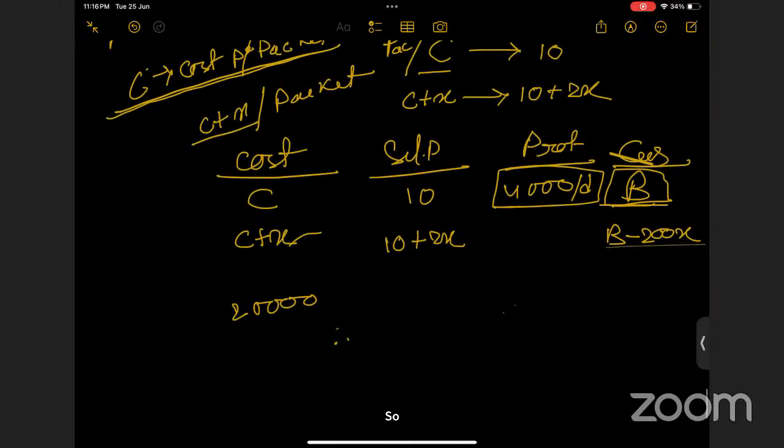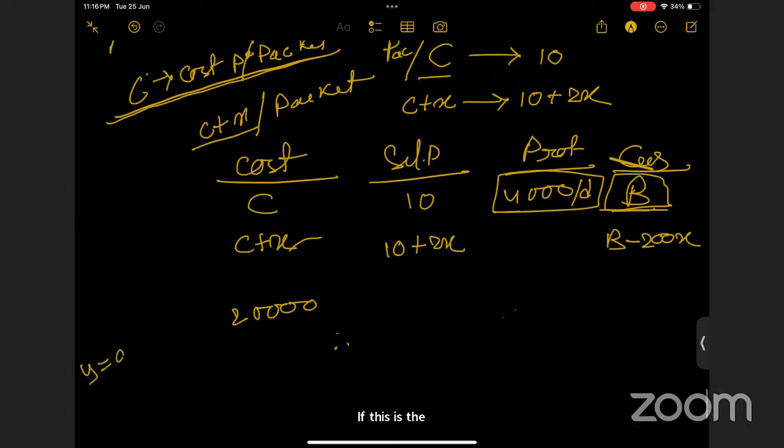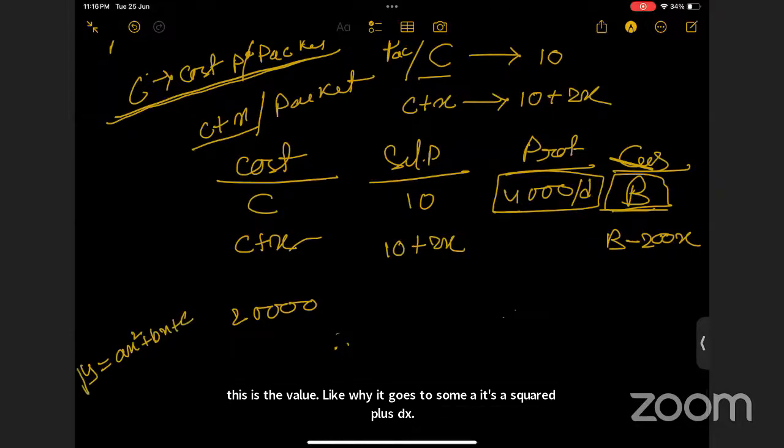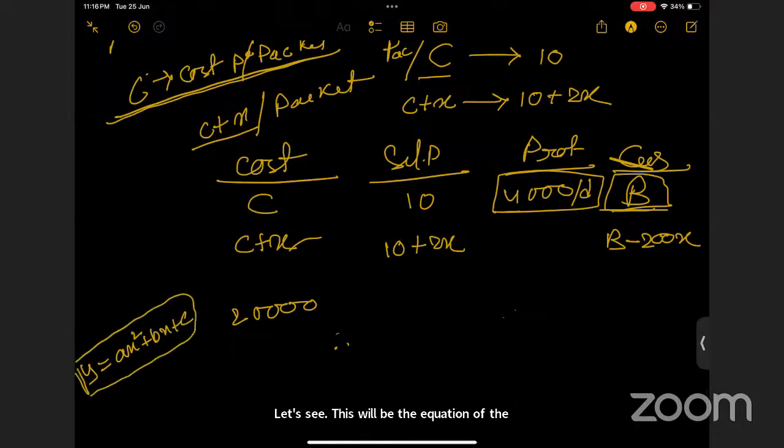if this is the value, like y equals ax squared plus bx plus c. This will be the equation of the profit, where we're taking y as profit, right? So here we just need to find the value of a, b, and c.